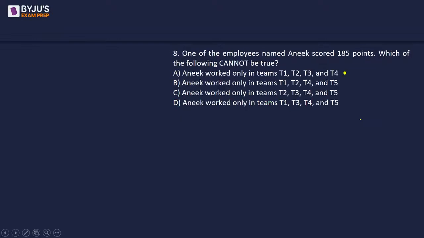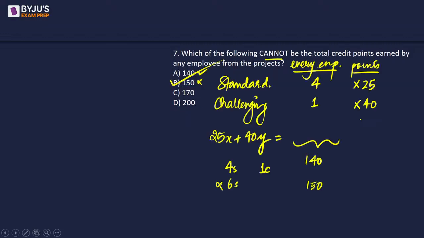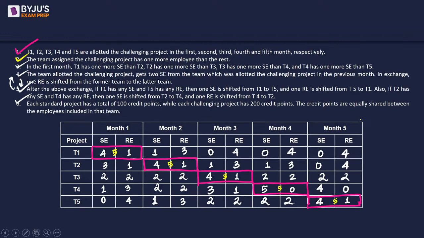We have got T1. In the first one, T5 is missing, T3, T1 and T2.